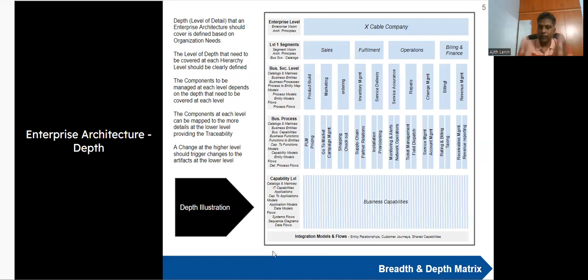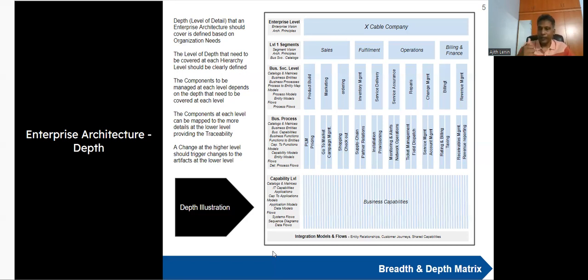So we split from level 2, which is the business service level. When we go to level 3, which is the business process level, we are breaking down by process. And when we go further down, we can go by business capabilities, and you can even go further, but this is just for an example. It doesn't have to be this way, but this depicts how we can break it down and get into the depth and expand on our details.